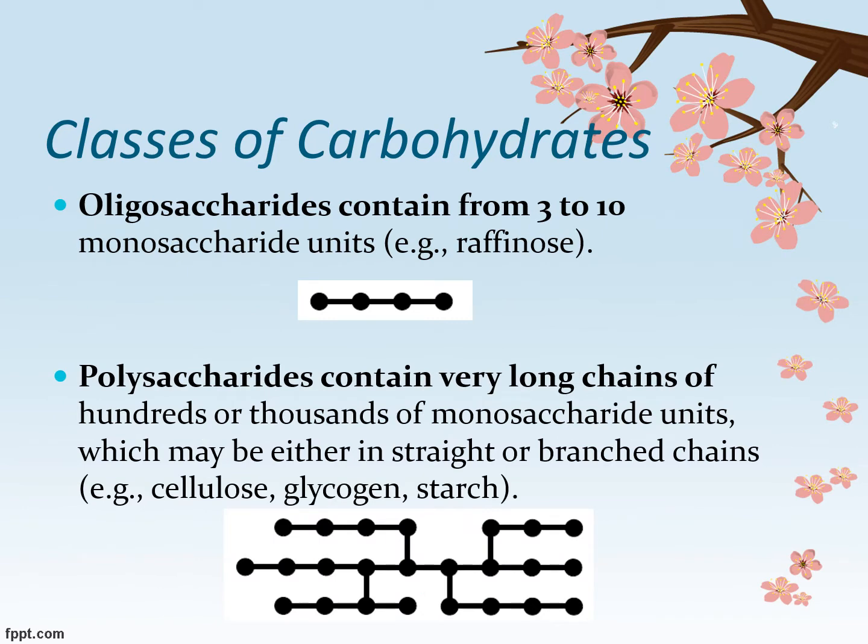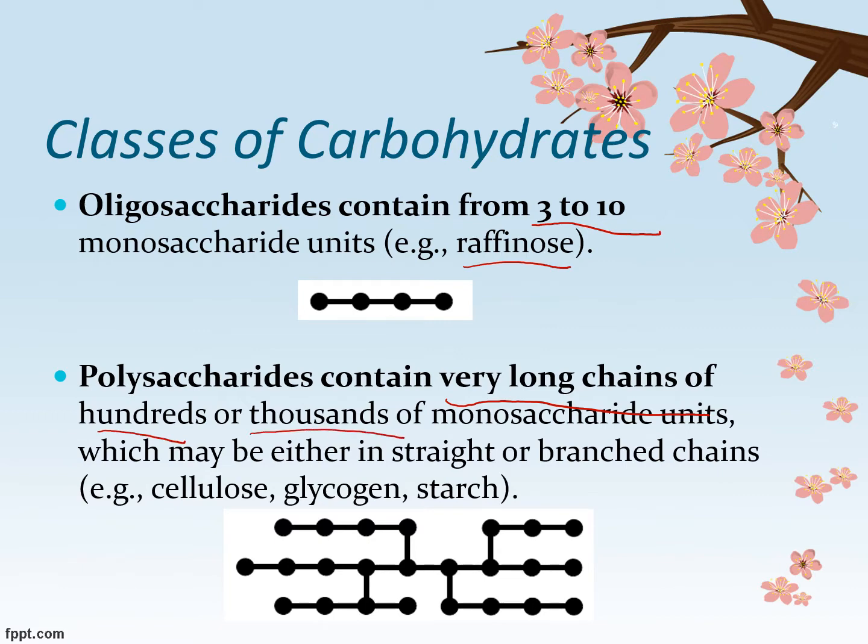The third class of carbohydrates is oligosaccharide, and oligosaccharide contains from 3 to 10 monosaccharides. Okay, 3 to 10 monosaccharides. So an example of oligosaccharide is raffinose. And the last class of carbohydrates is polysaccharide. So polysaccharide contains a very long chain, which consists of hundreds and up to thousands of monosaccharides.